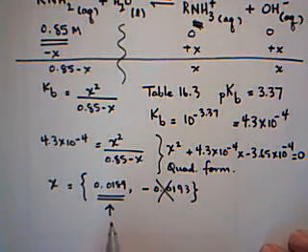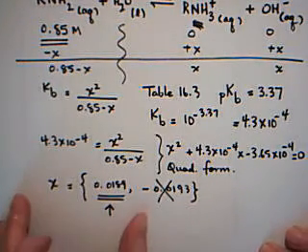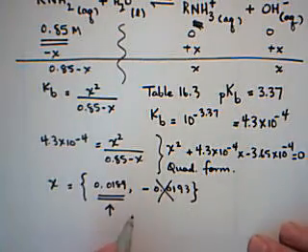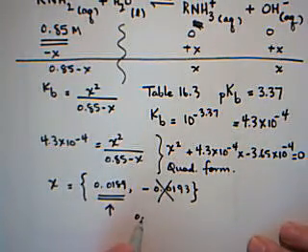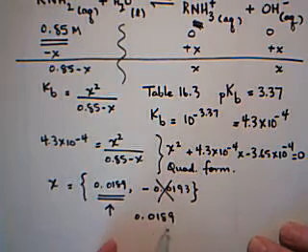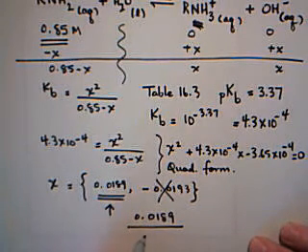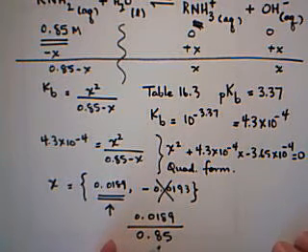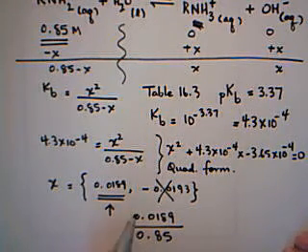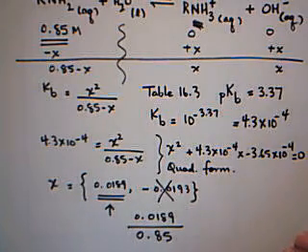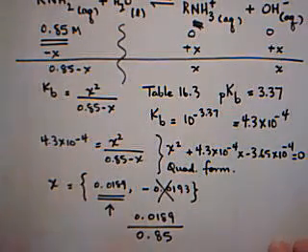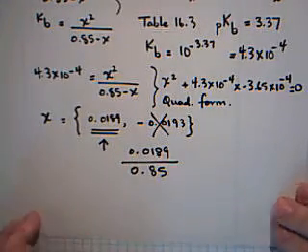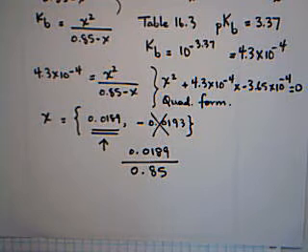So this is the number of moles per liter that actually dissociated. So my degree of dissociation is 0.0189, my x, over my initial 0.85. Do it on your calculator and see what you get here. That number would be equal to 0.022.